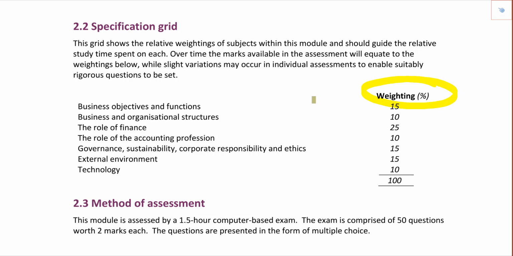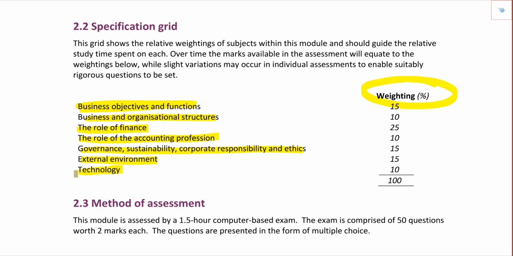So 15% of our exam is going to be on business objectives and functions. 10% is going to be on business and organisational structures. 25% is going to be on the role of finance, 10% on the role of the accounting profession, 15% on governance, sustainability, corporate responsibility and ethics, 15% on the external environment, and 10% on the area of technology.